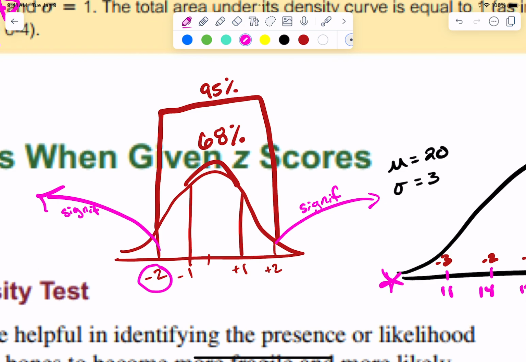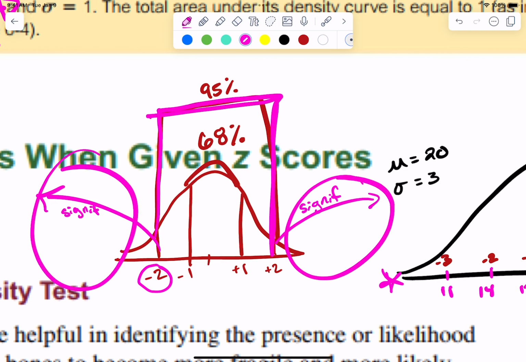The reason why 5% is equivalent to outside of the 2 standard deviation range is because if 95% lives here in the middle, 5% is those 2 regions together. Or in other words, 2.5% lives here and 2.5% lives here. That's how that works.